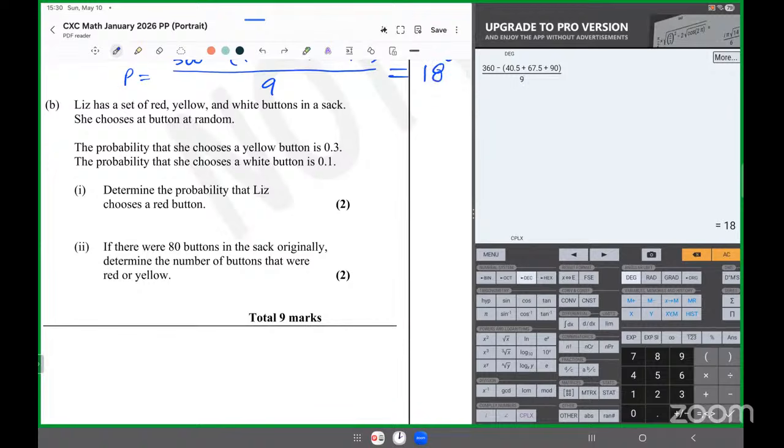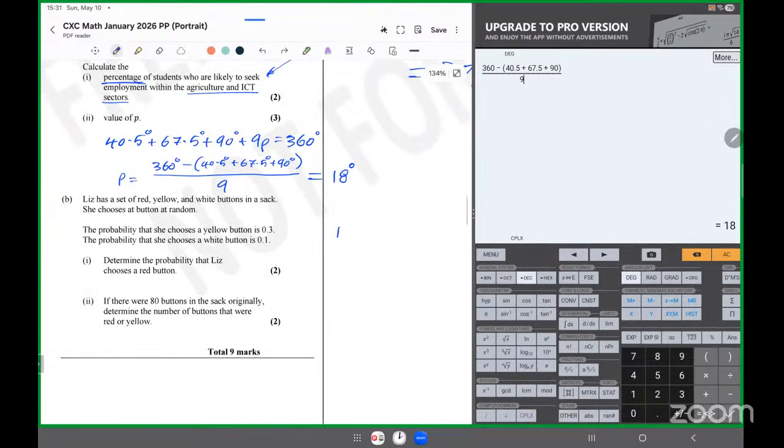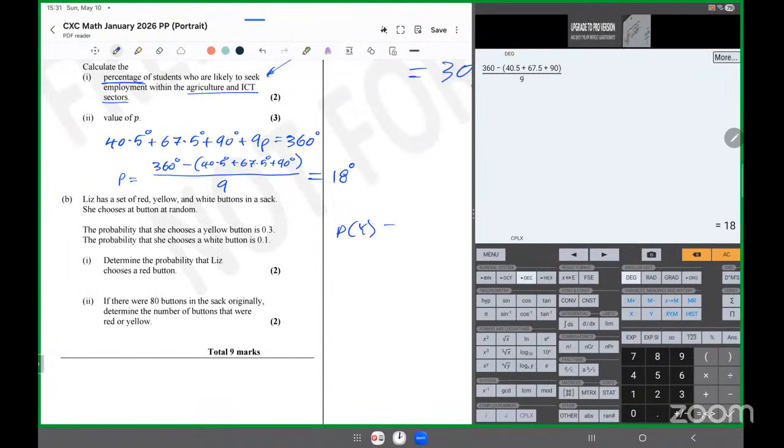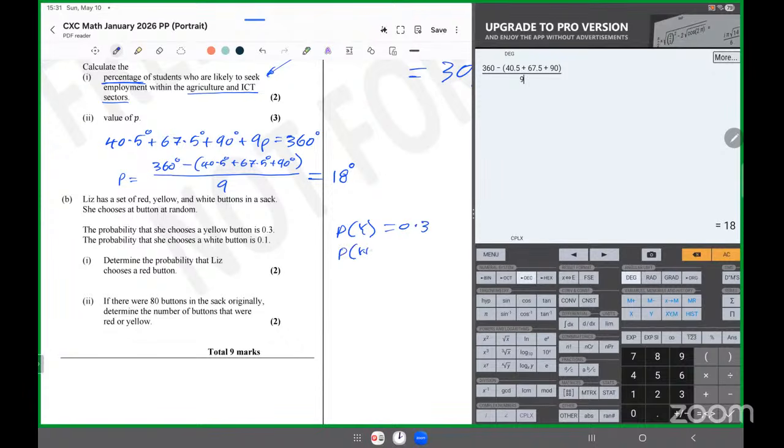This is probability now, guys. They've been setting a lot of probability questions these days. She chose buttons at random. The probability that she chooses a yellow is 0.3. Let's write them out. The probability for a yellow button is 0.3. The probability for a white button is 0.1. Determine the probability for a red button.